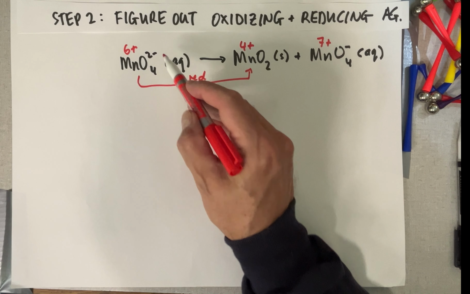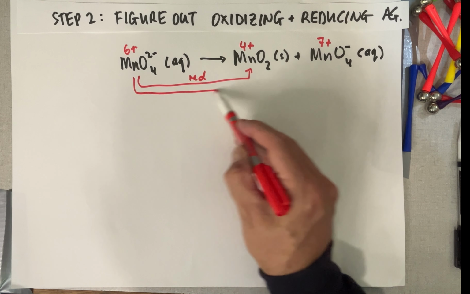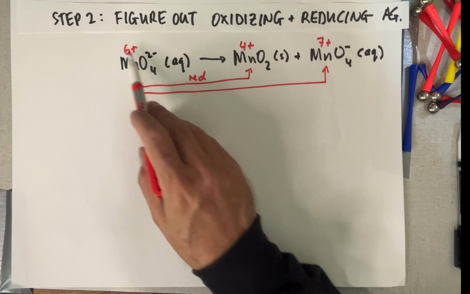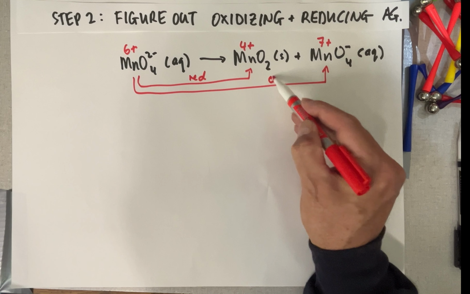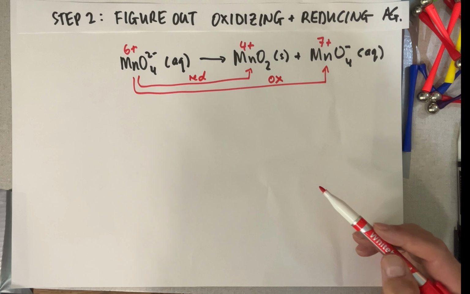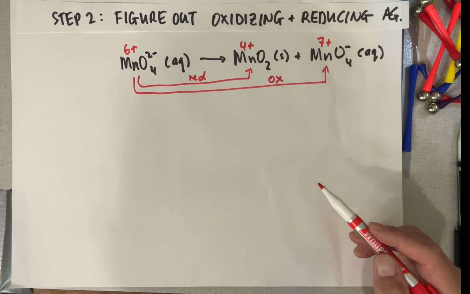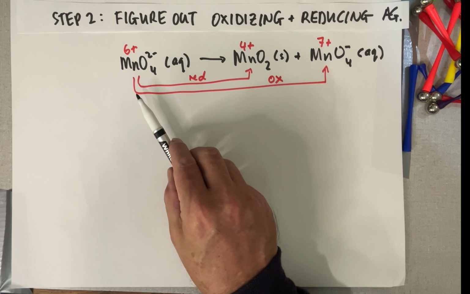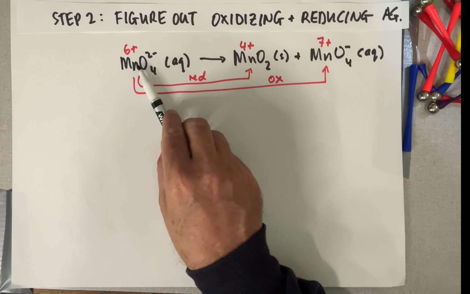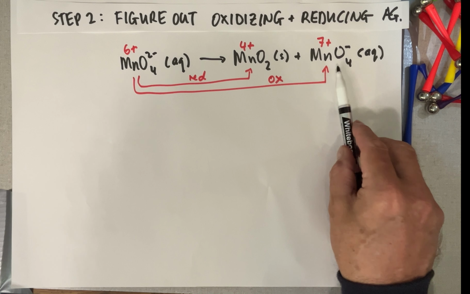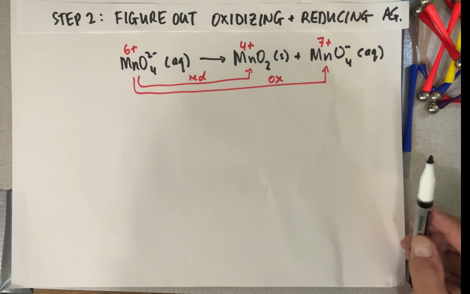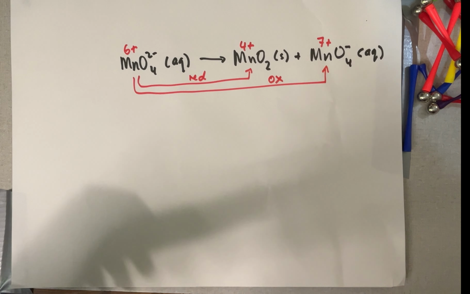And in the other case, the oxidation number went from 6+ to 7+. And that is an oxidation because the oxidation number has increased. So now we know that the manganate has oxidized with respect to the permanganate, and it has reduced with respect to manganese dioxide.